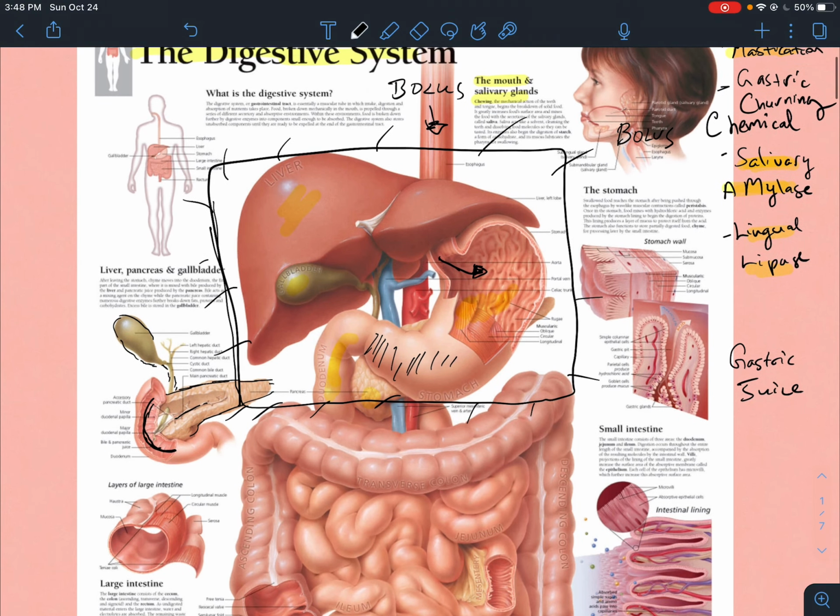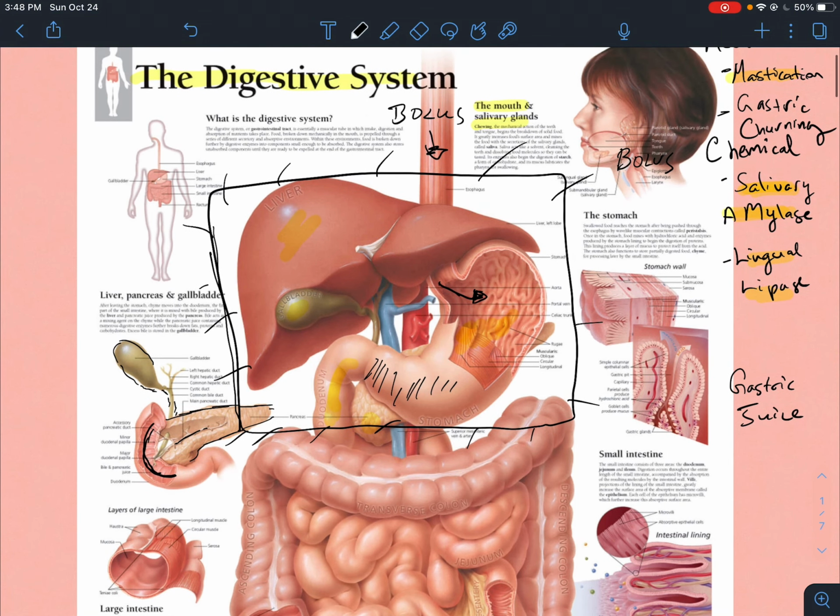You should have an understanding of mechanical digestion as well as chemical digestion, and the hormones that are being released by the stomach and the duodenum in order to regulate digestion in this particular area.